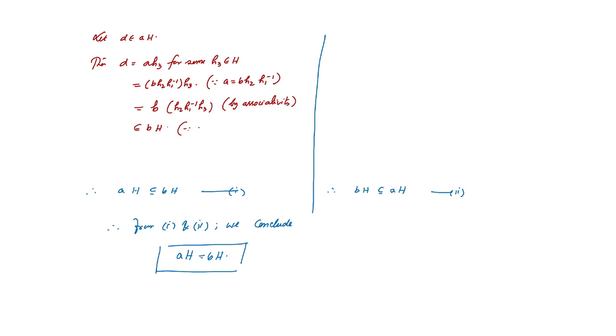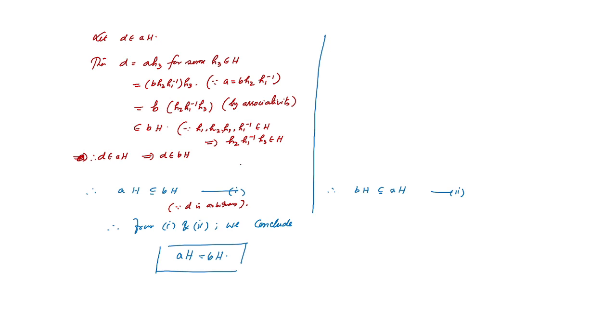Why? Because H is a subgroup and h1, h2, h3, h1 inverse all belong to H, so with the help of the closure property, h2 h1 inverse h3 belongs to H. So d belongs to bH. Since d is arbitrary, we can say aH is a subset of bH.